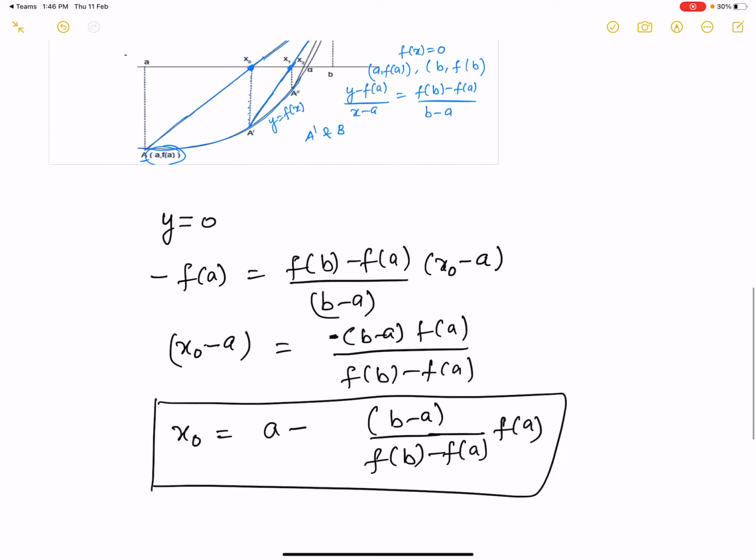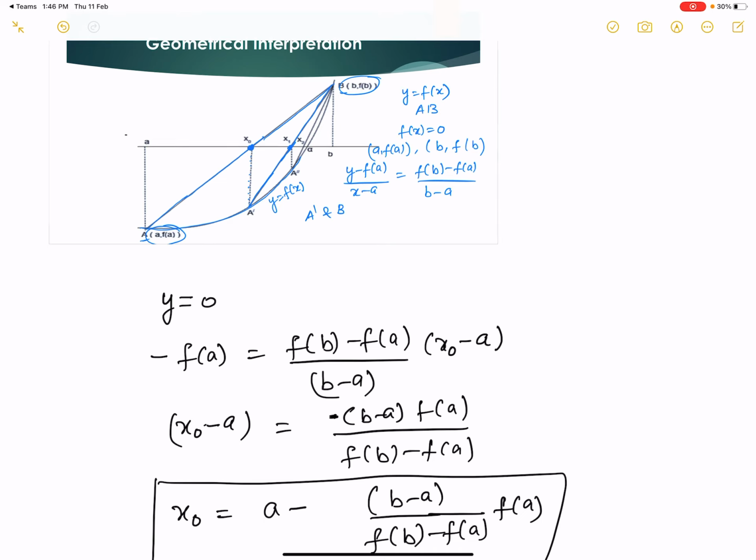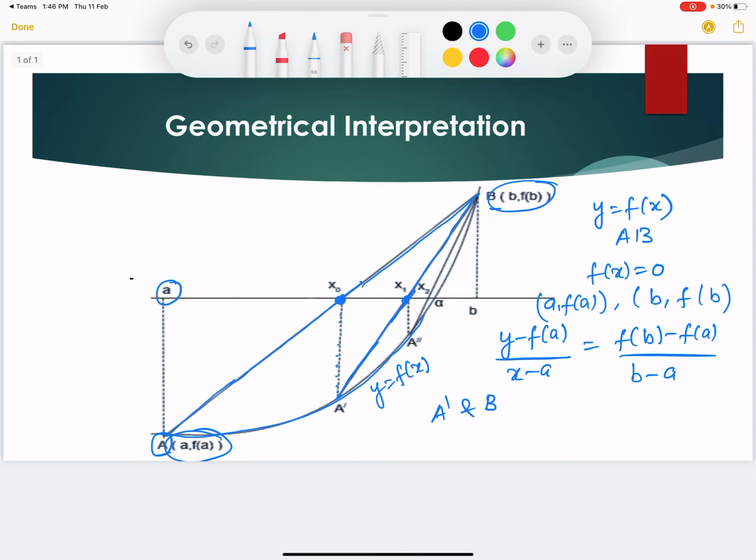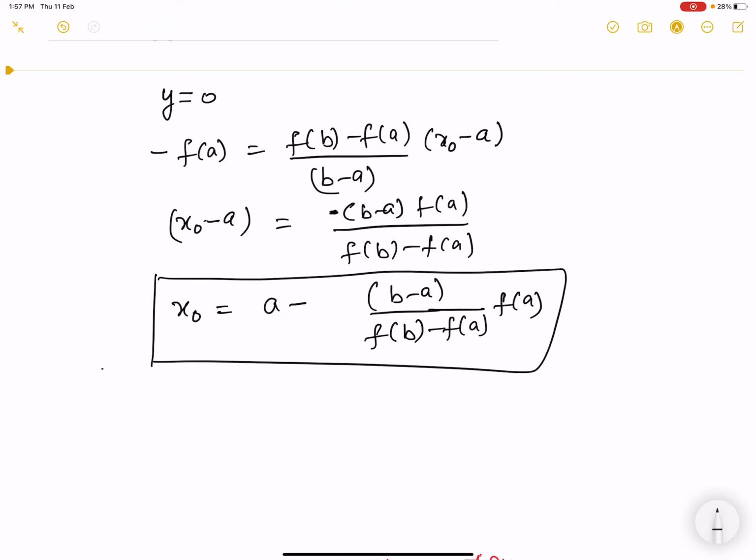So the first step is choosing 2 points at which the function takes a positive and a negative value. We chose 2 points A and B where the function took a negative value here, and a positive value here. On further solving, we get the formula for the regula falsi method as x is equal to (a f(b) minus b f(a)) upon (f(b) minus f(a)).